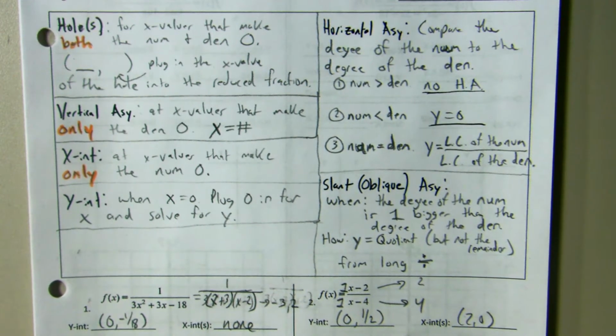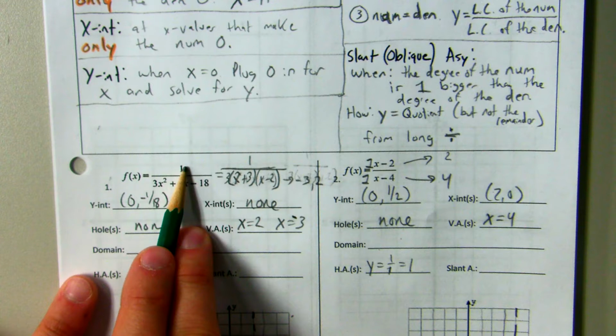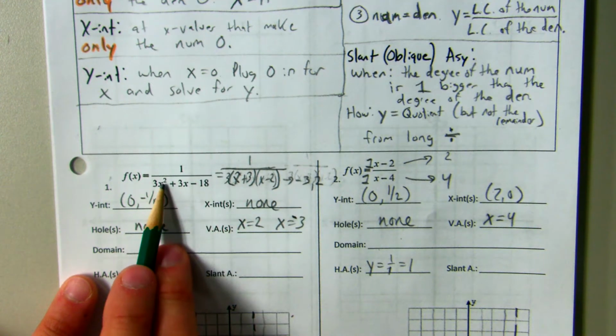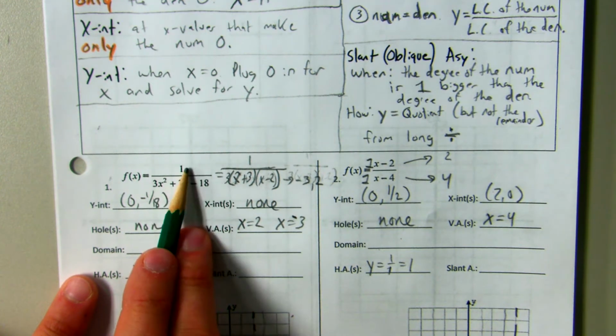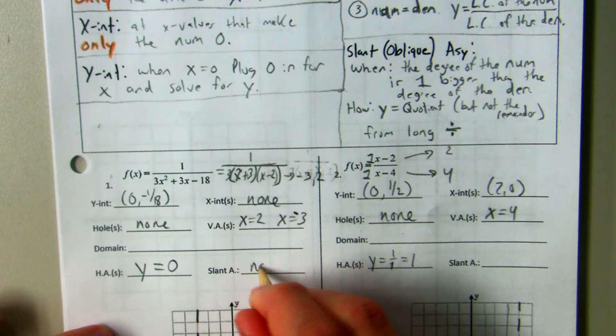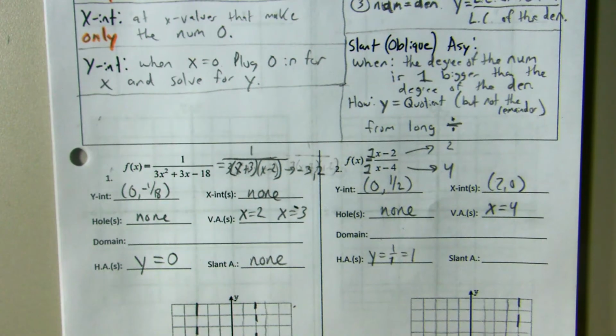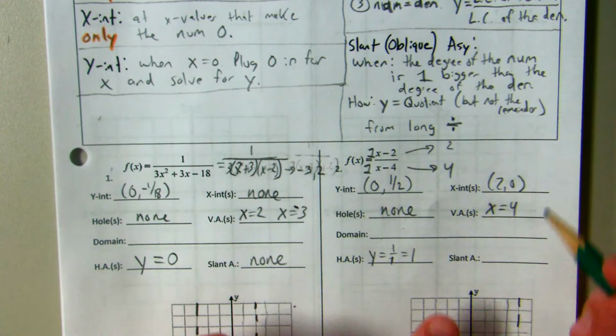So we're going to go through a whole bunch of methods. Hopefully question 3 has one. Question 1, the degree of the numerator is 0, the degree of the denominator is 2, so the degree of the numerator is not 1 bigger than the degree of the denominator, so don't do long division there.